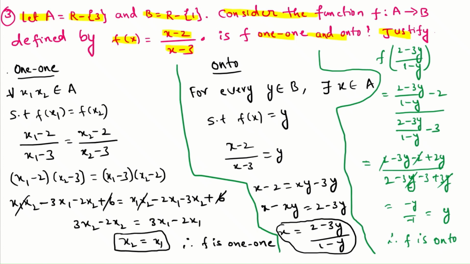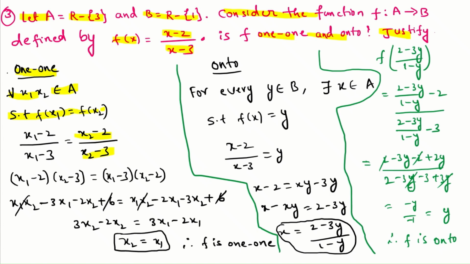Okay? Then first, I will check for one-one. I will take two numbers x1, x2 belonging to domain A in such a way that their images are equal: f of x1 is equal to f of x2. As per the definition, x1 minus 2 by x1 minus 3 is equal to x2 minus 2 by x2 minus 3.